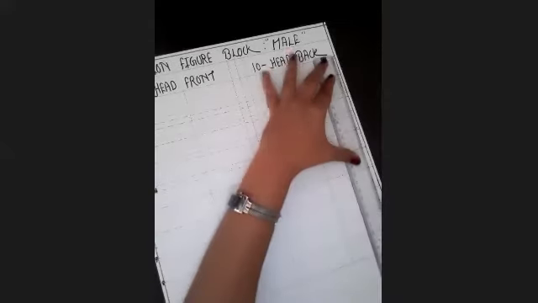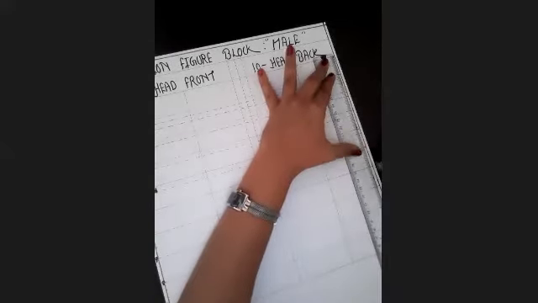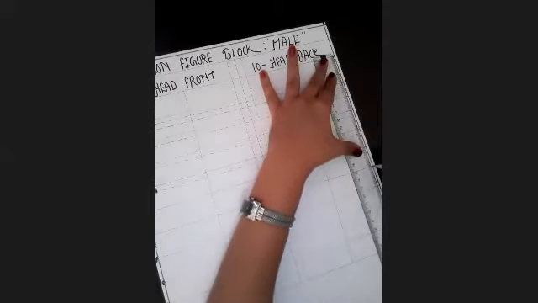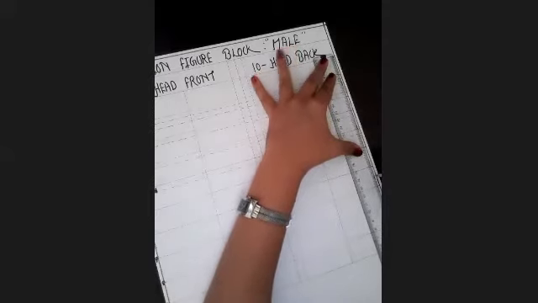It's okay, it's okay. So I was explaining that for female and male the measurements are the same. Whatever proportion we followed on the 10 head, the same is applicable for the male figure.